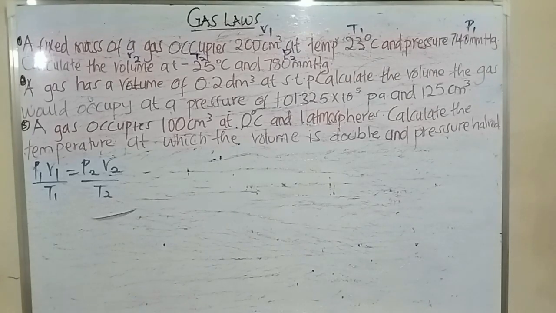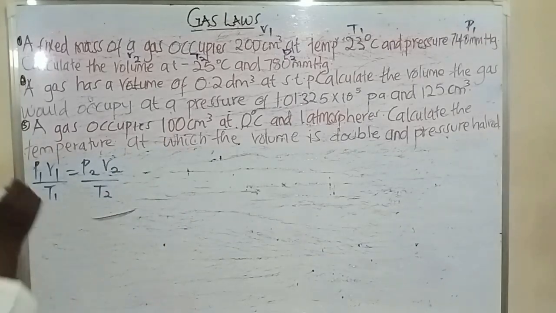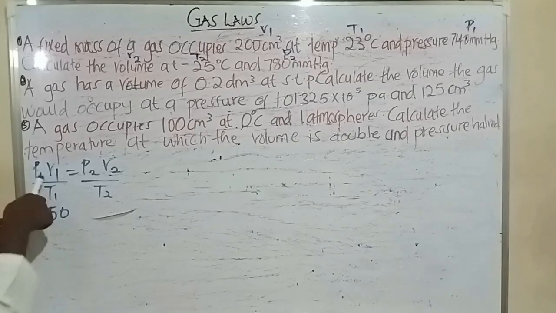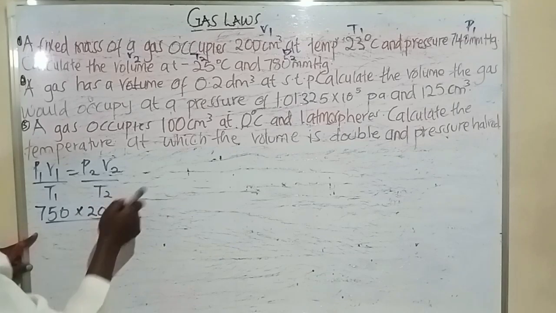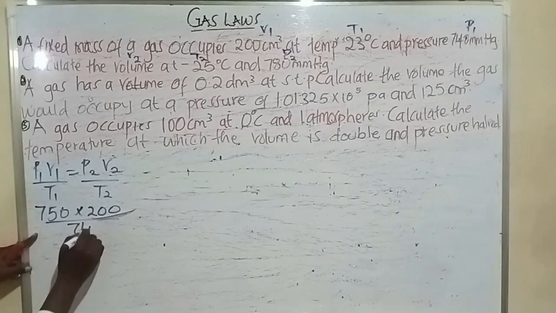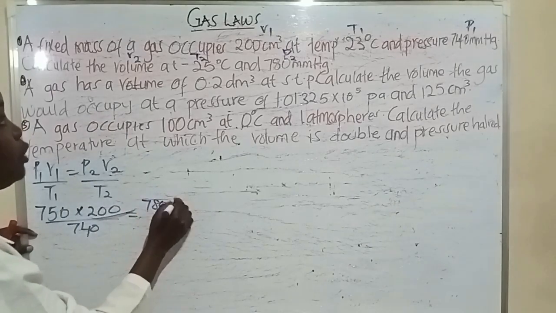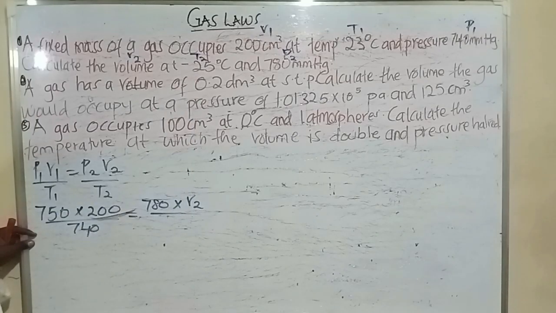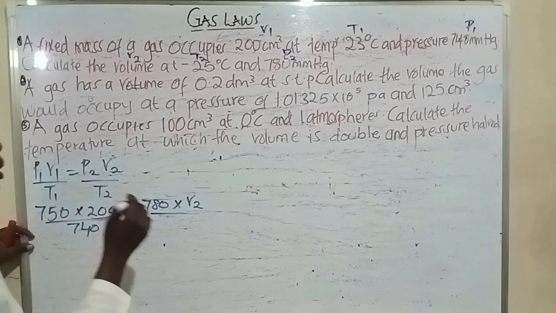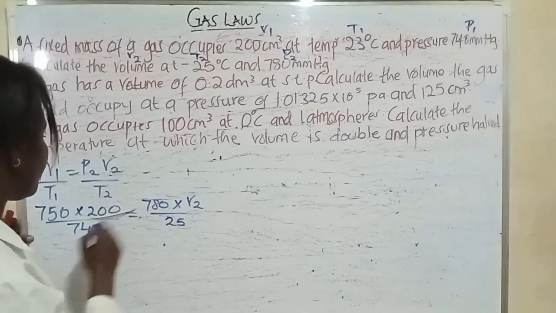Our P1 is going to be 740 millimeters of mercury, multiplied by your V1, which is 200, over T1, equal to P2, which is 780, multiplied by your V2, which is what we do not have, over T2, which is negative 25 degrees Celsius.